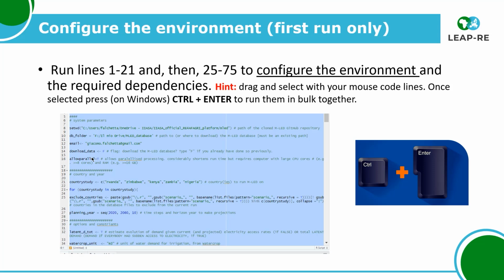Be careful to follow these steps really thoroughly, as doing something different might result in errors or not completing the configuration procedure. So first run lines from 1 to 21, wait for the console to finish, then select lines from 25 to 75, and then click Run on them.